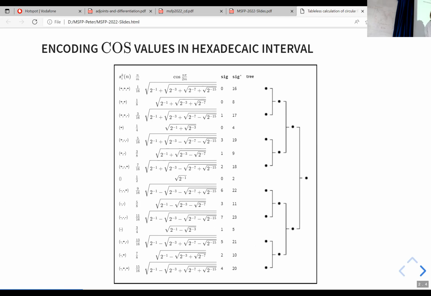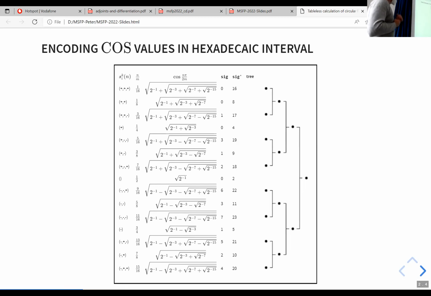I call it SIG in the paper, and the sequence has some interesting properties that are quite important, especially for answering the last question of mine.